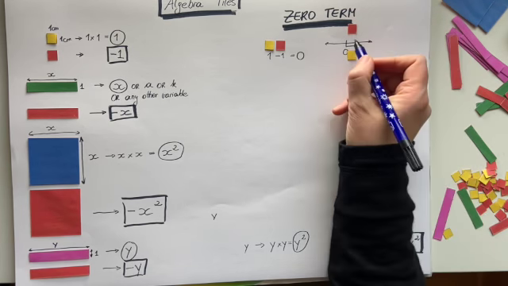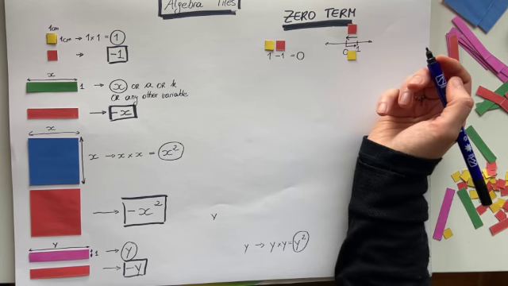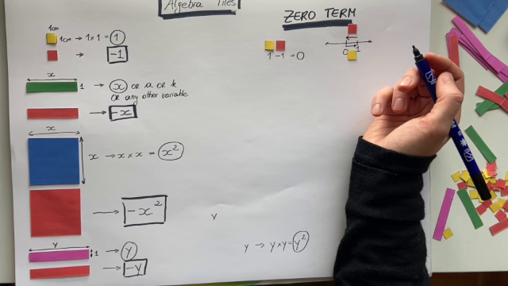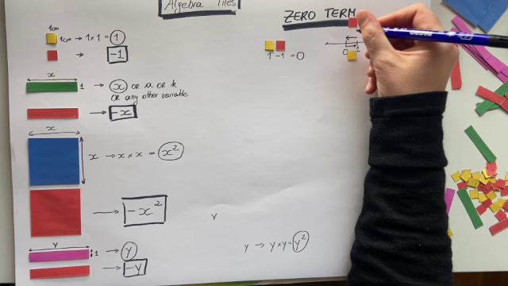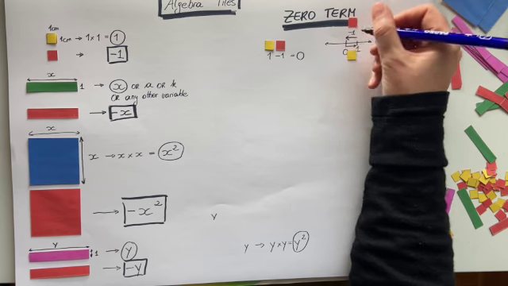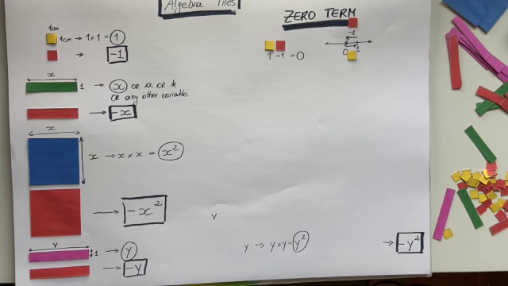Negative means we are moving to the left on the number line. So that's my negative 1 here. I'm moving to the left. And I'm ending up at 0 again. That's where I end up being. So 1 add negative 1 gives us 0.